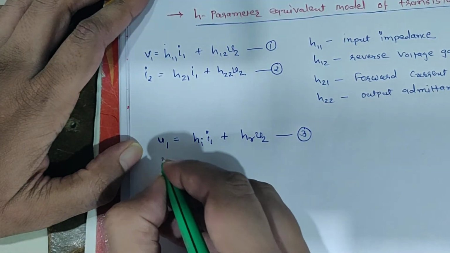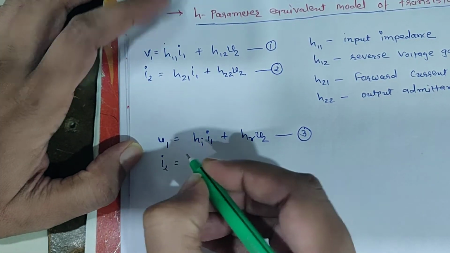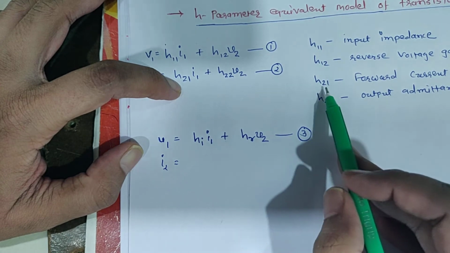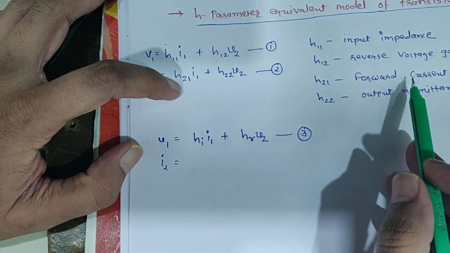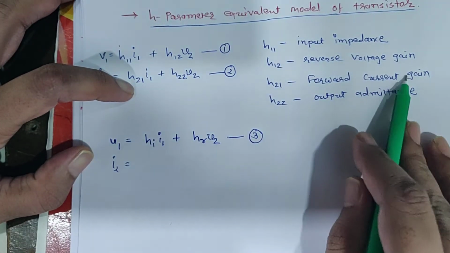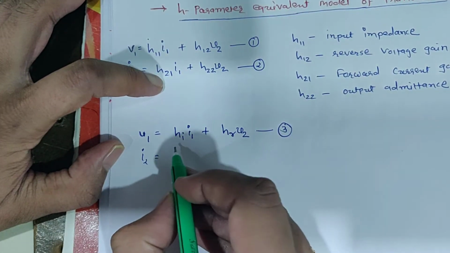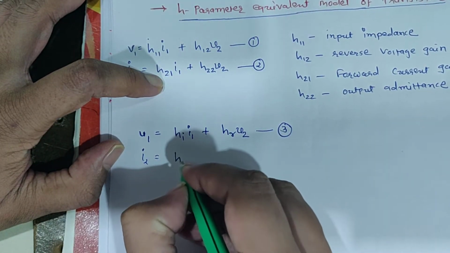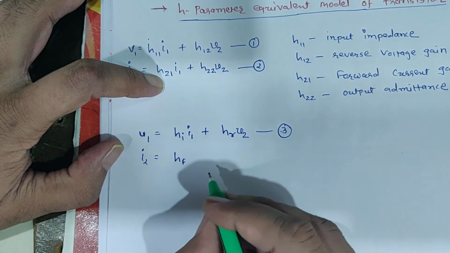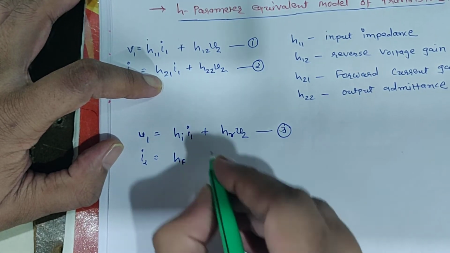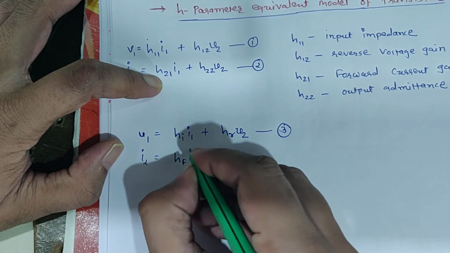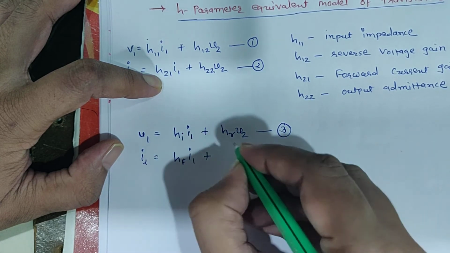Now I2 is equal to H21. H21 is the forward current gain, so instead of H21 we will write HF, indicating forward current gain, into I1, plus H22.